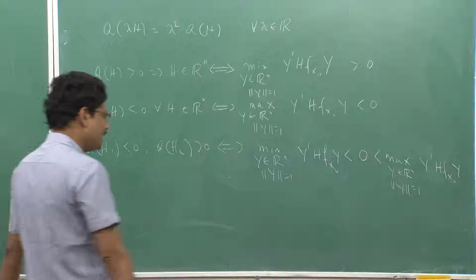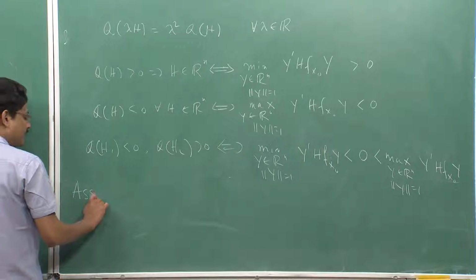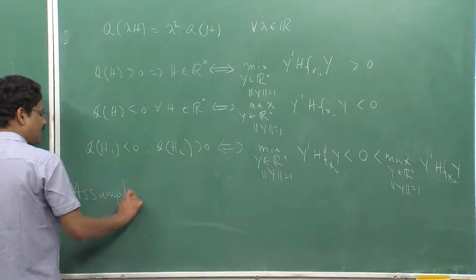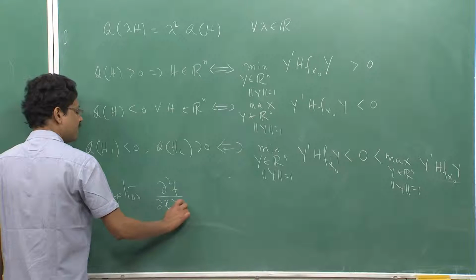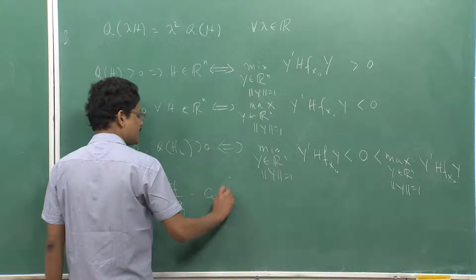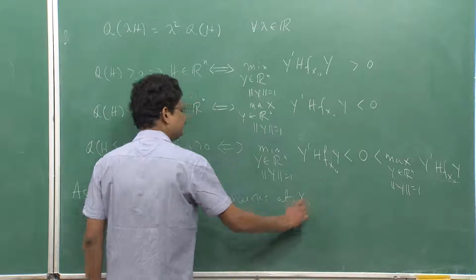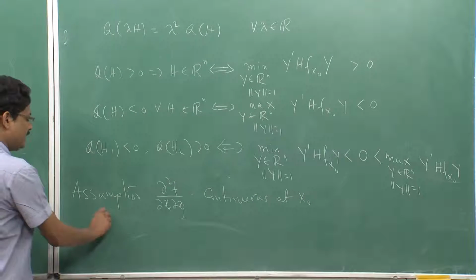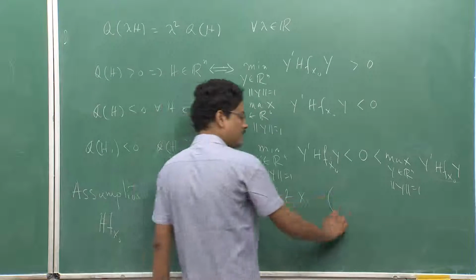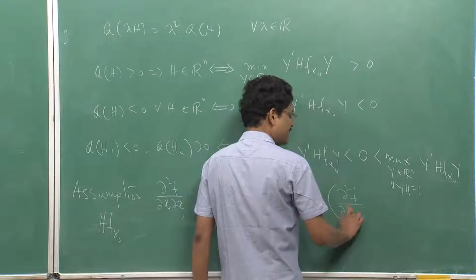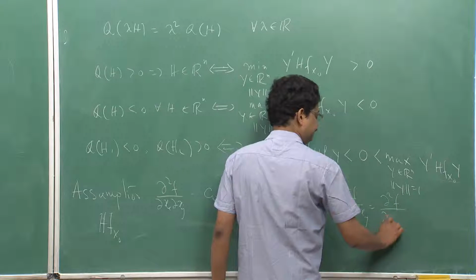And what is that? Under the assumption we made that the second partial derivatives del square f by del xi del xj are continuous at x naught, we have proved that mixed partial derivatives are equal.